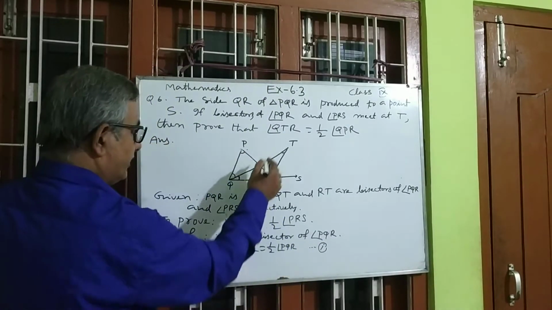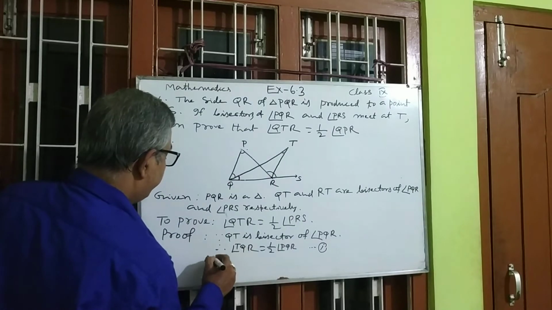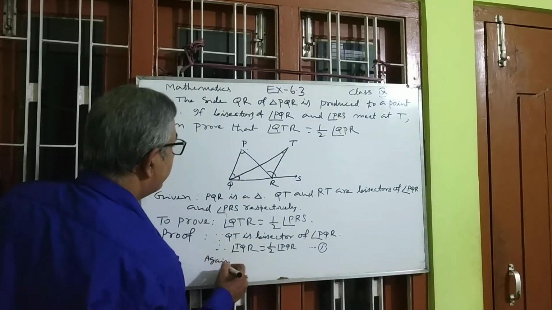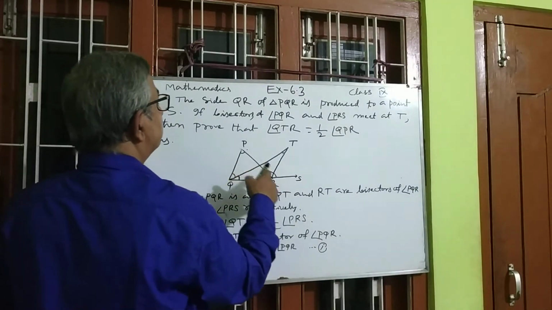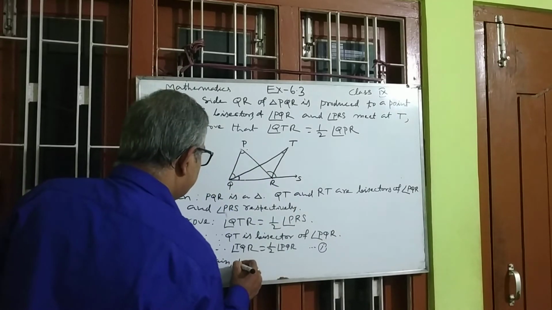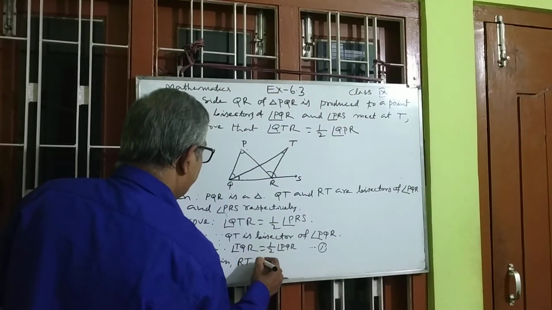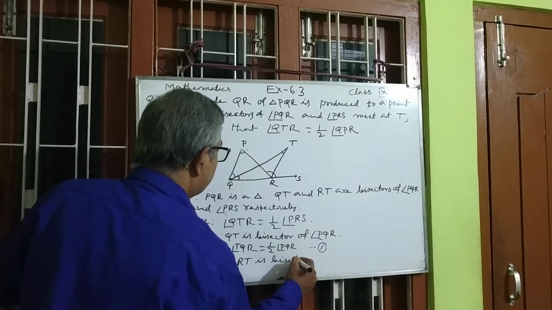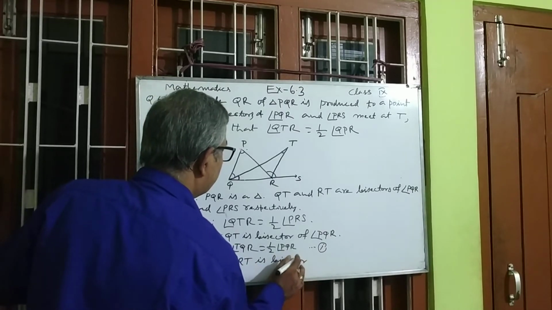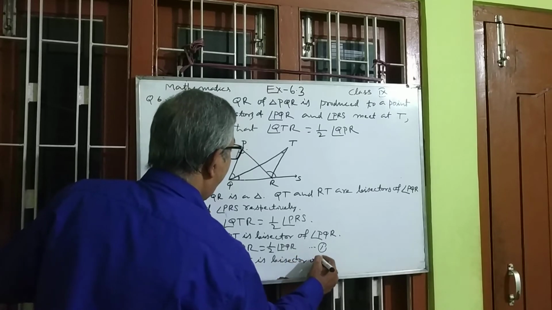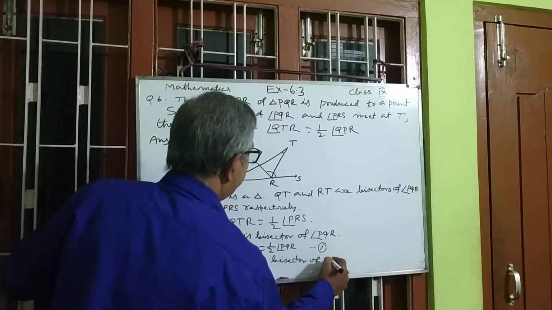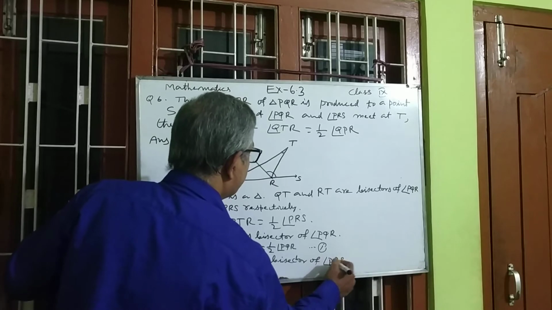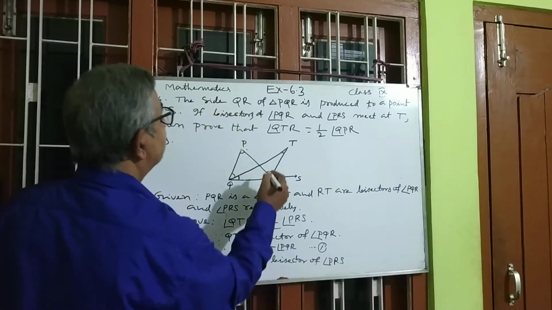Again, RT is the bisector of angle PRS. Therefore, what can you write?